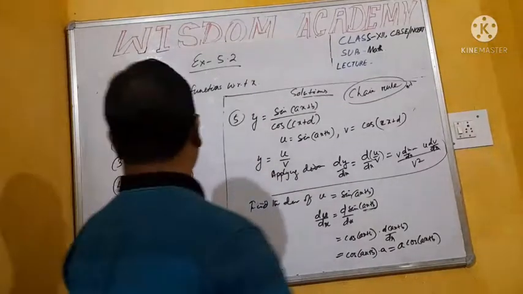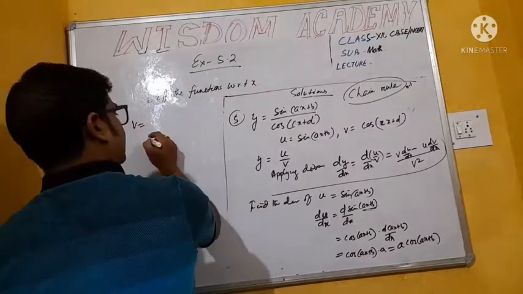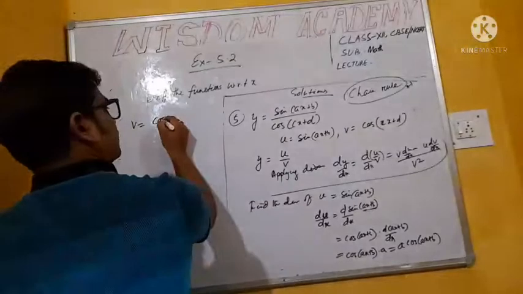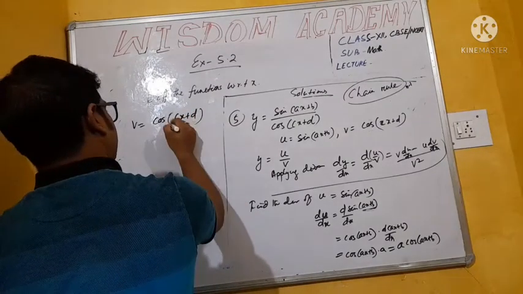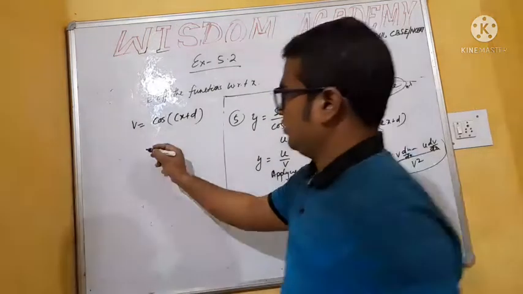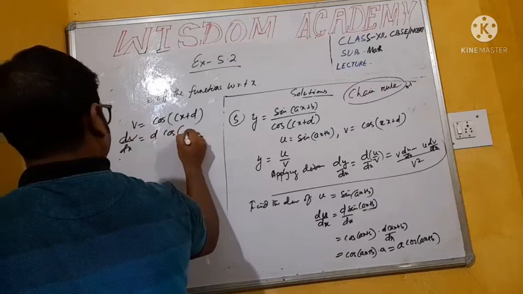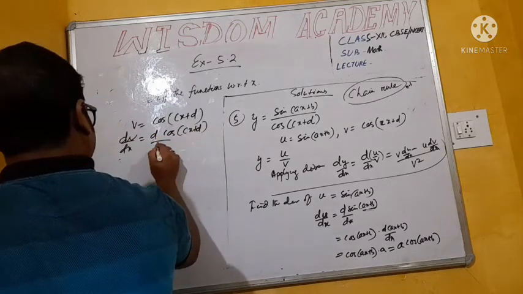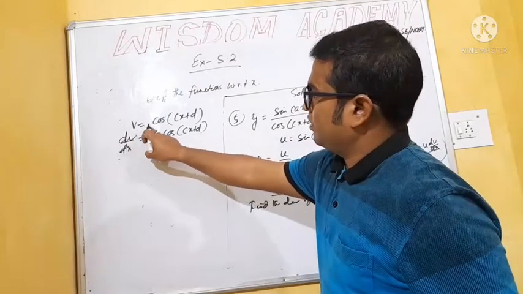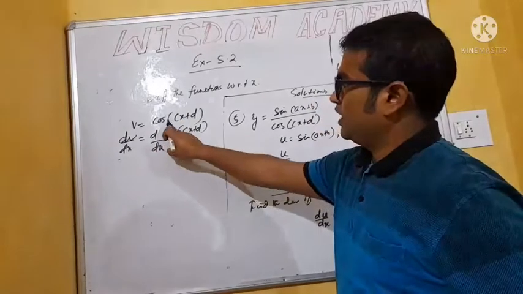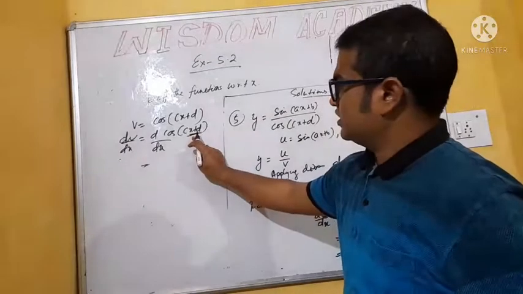Again find the derivative of v, that is cos cx plus d. You can write dv by dx, the derivative of cos cx plus d with respect to x. Students, now find the derivative of cos cx plus d by applying the chain rule, cos of x considering cx plus d as x.